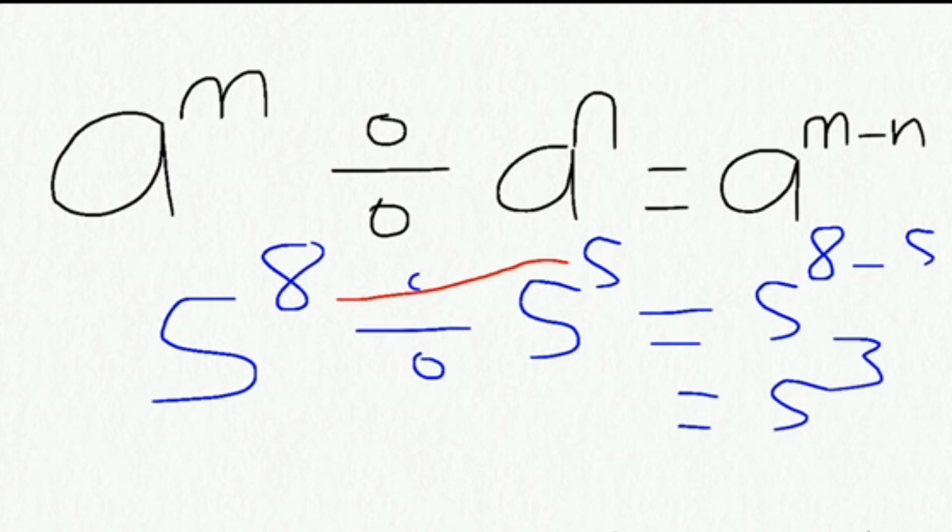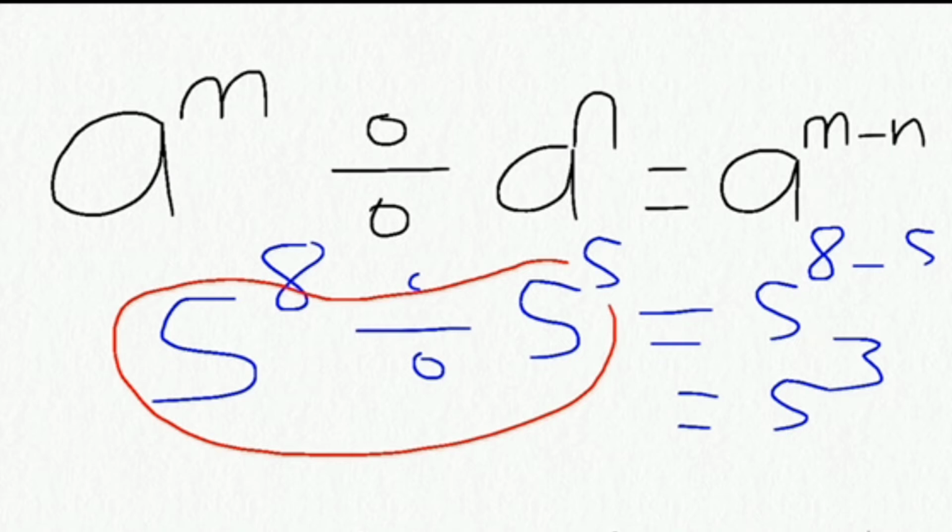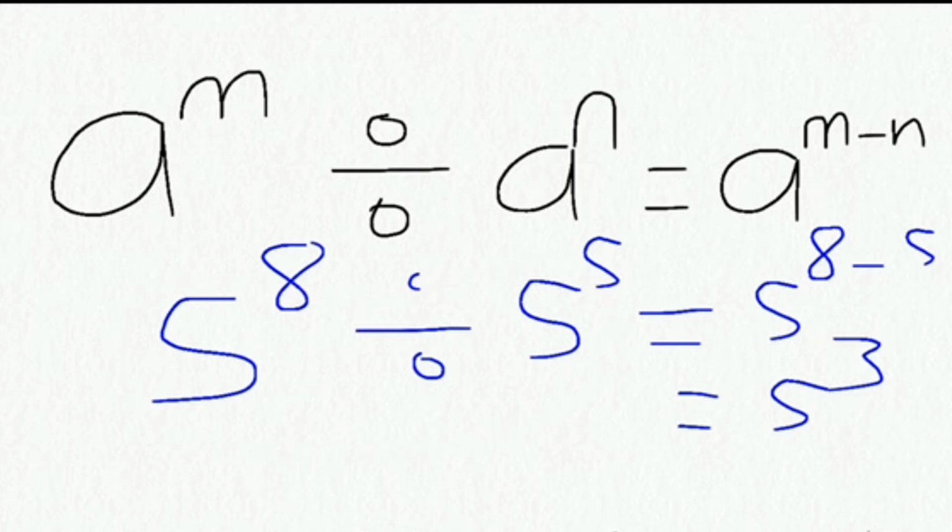Please note that since the bases are the same, 5 divided by 5, and there's a division sign, I've only written 5. And then what about these indices? Subtract them. 8 minus 5. You have to subtract these indices. The first one minus the second one.